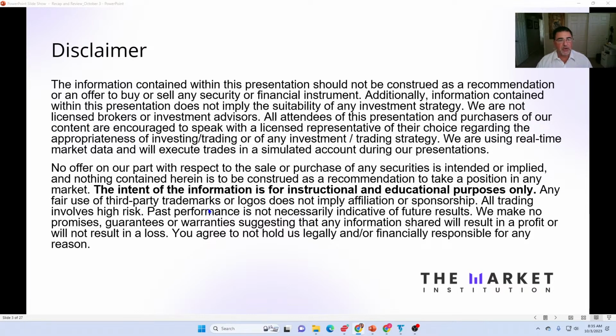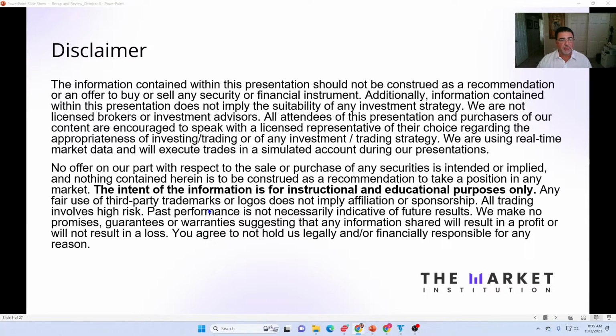We are using real-time market data and will be executing trades in a simulated account during the presentation. No offer on our part with respect to the sale or purchase of any securities is intended or implied, and nothing contained here should be construed as a recommendation to take a position in the market. The intent of this information is for instructional and educational purposes only.